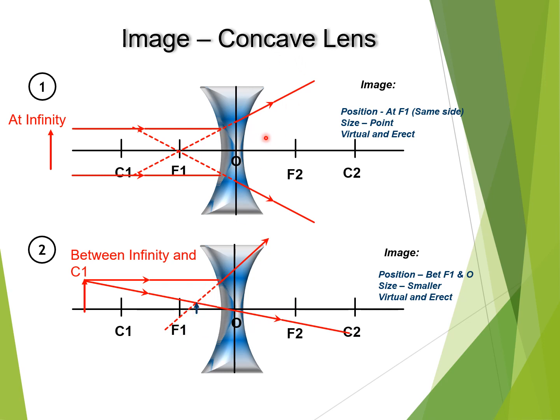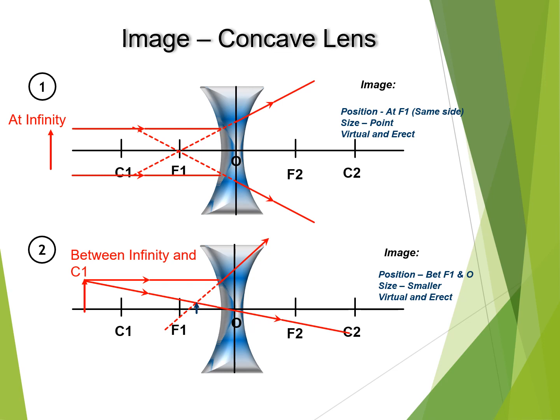So in case of concave lens, in both the cases, the image is virtual and erect. If you recall the convex mirror, in convex mirror there were two positions where the image was small and virtual.